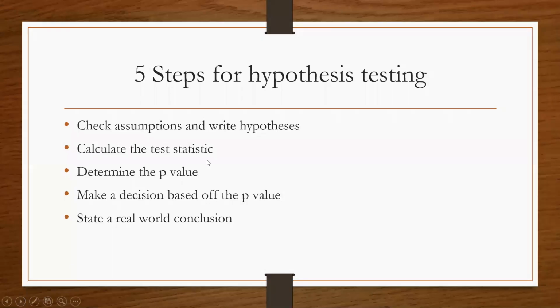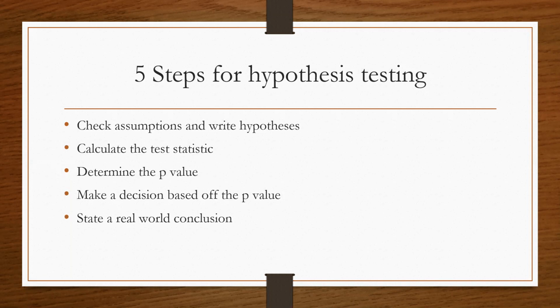So, going way back to when we first introduced hypothesis testing, there have always been 5 steps for how you do it. The first is that you always have to check your assumptions and then write out your null and alternative hypotheses. Then from that, you calculate the test statistic. Using that, you then determine the p-value.